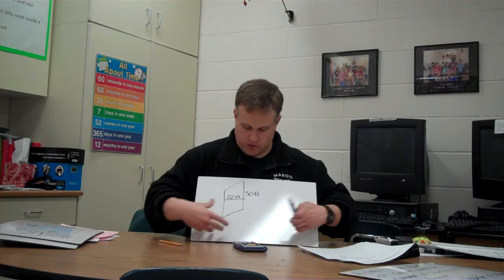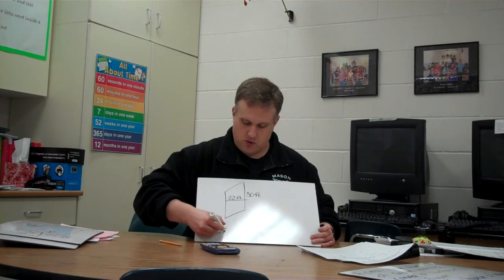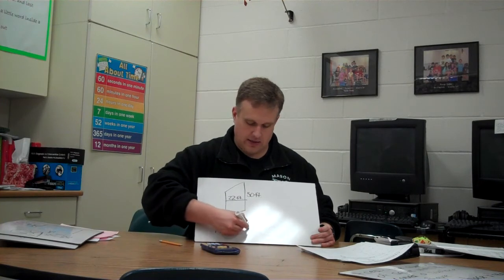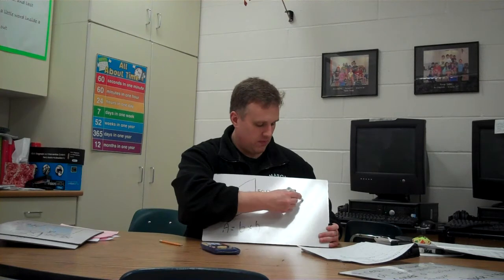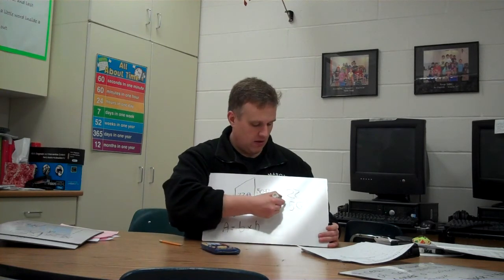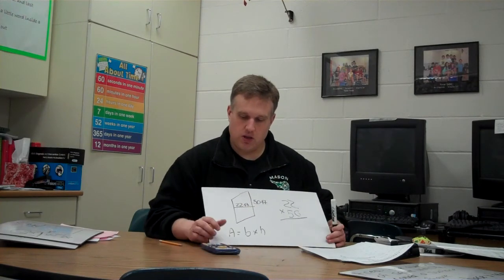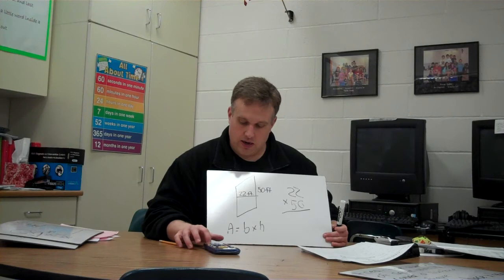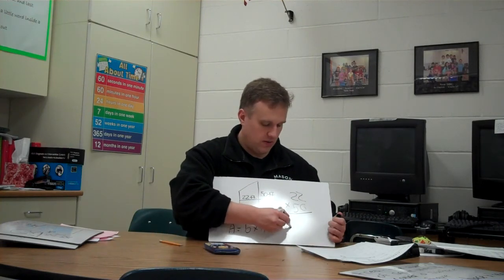Okay, let's look at the next one. So again, we're finding the area equals base times height. Okay, my base is 22. My height is 50. When I multiply those two together on the calculator, 22 times 50, I got 1,100.